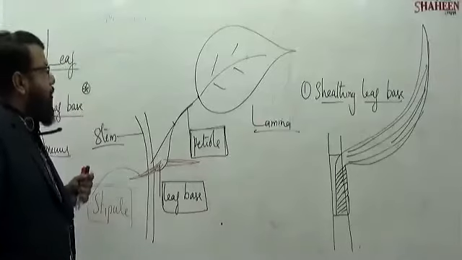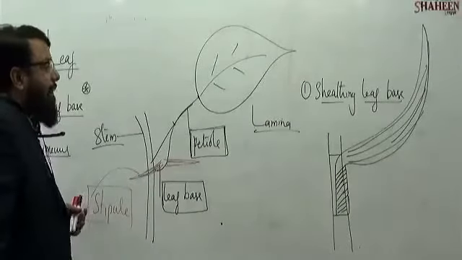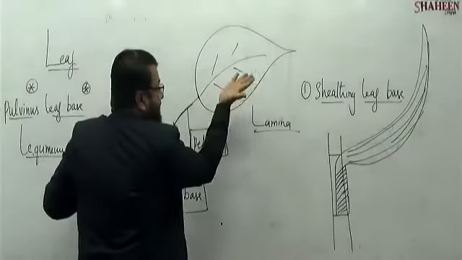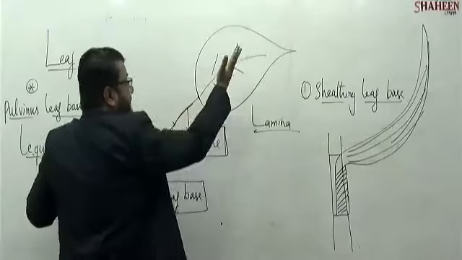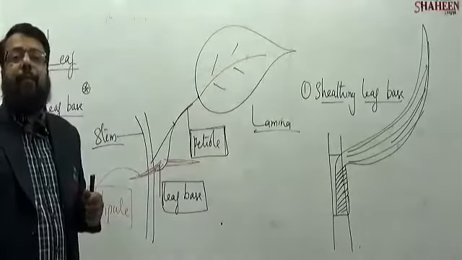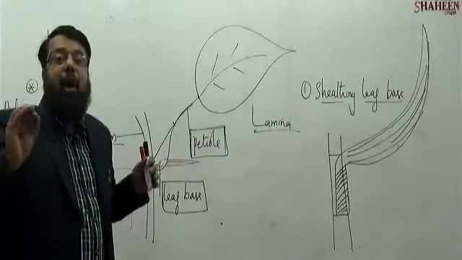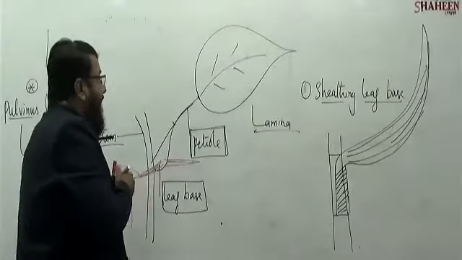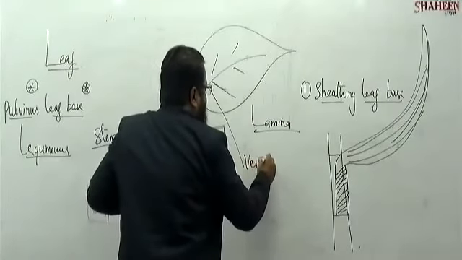The next one is the leaf lamina. The flat part of the leaf is the leaf lamina. The leaf lamina will have veins and veinlets.